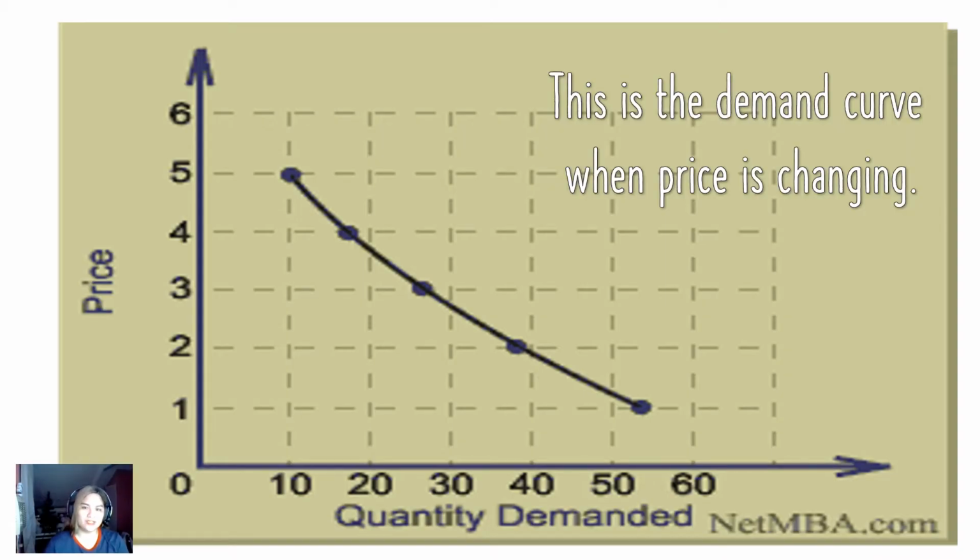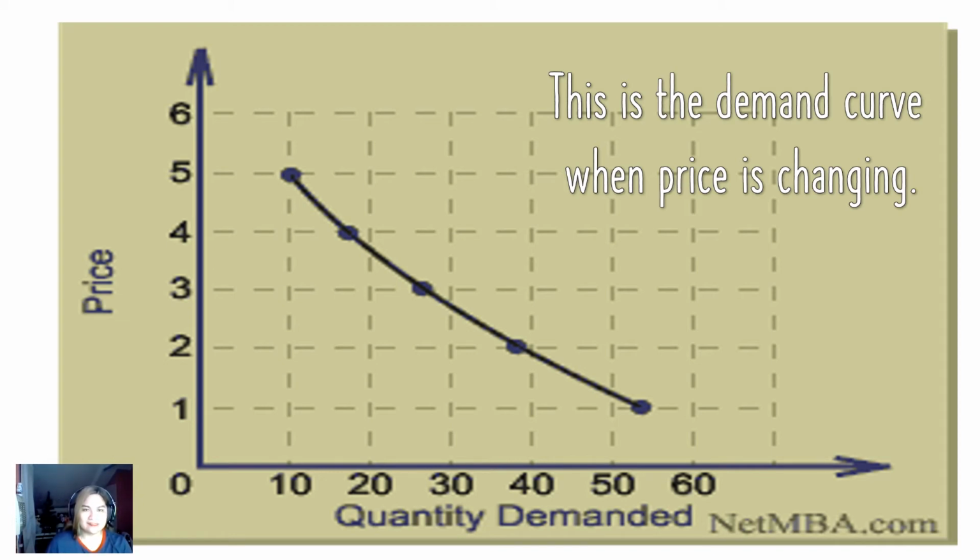So we have here a demand curve. Again, here we can see the relationship between the price and the quantity demanded. And here we can see that as the price is decreasing, the quantity demanded is increasing. So at price 5, the demand is 10.